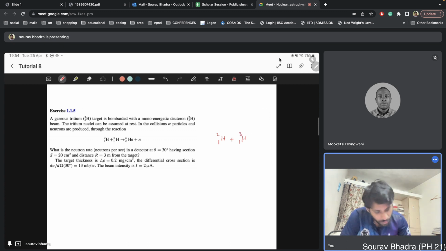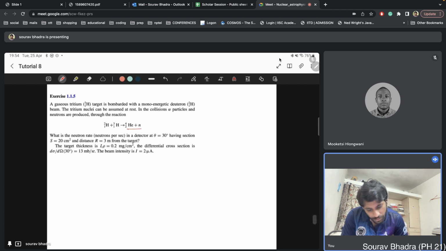This reaction is given, and in the collision alpha particles and neutrons are produced. What is the neutron rate in a detector at 30 degrees?